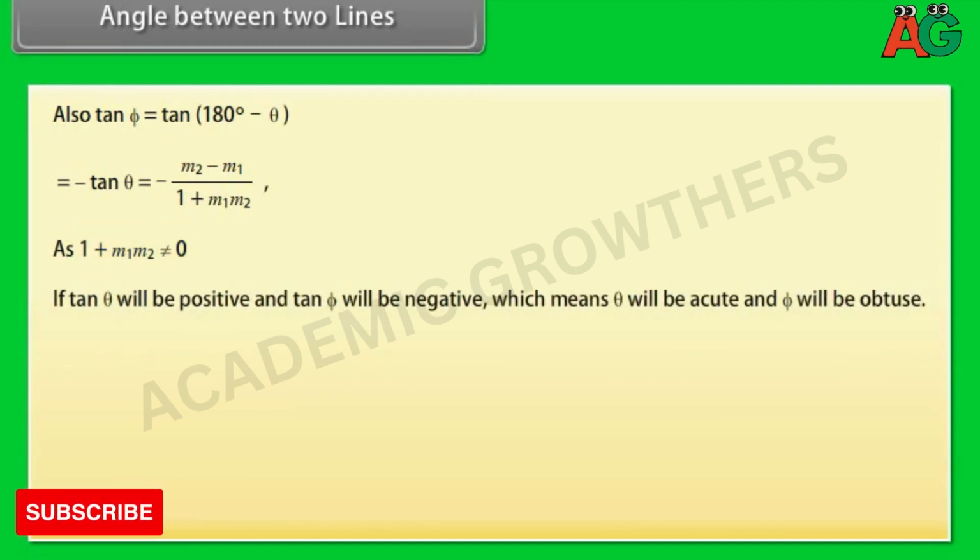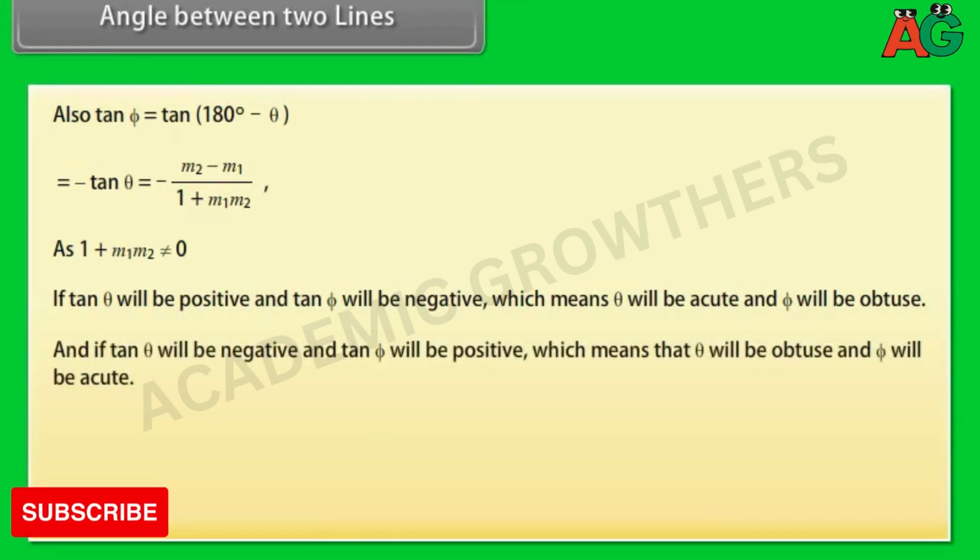If tan theta is positive and tan phi is negative, theta will be acute and phi will be obtuse. And if tan theta is negative and tan phi is positive, theta will be obtuse and phi will be acute.